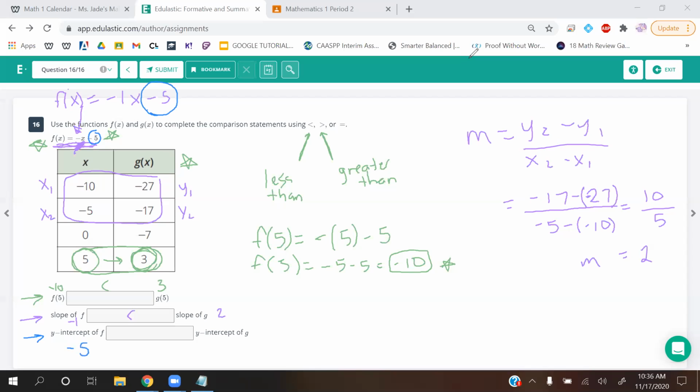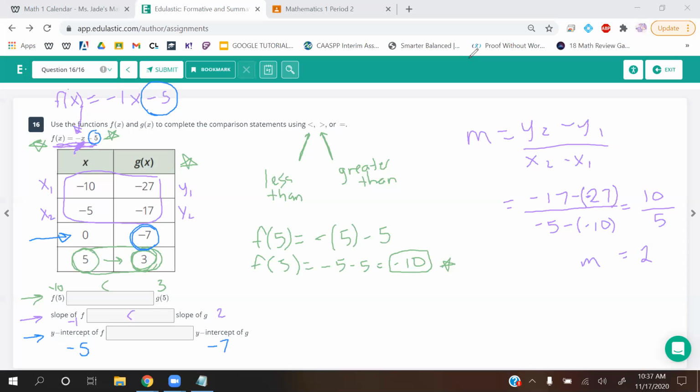So negative 5 is the y-intercept of f. Then to get the y-intercept of g, you have to look for where the x value is 0 on the table. Then you can see that the y-intercept is negative 7.